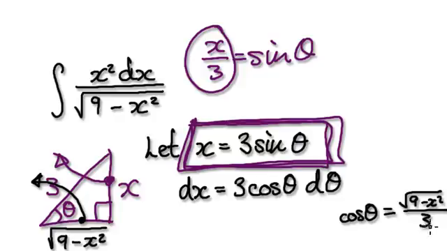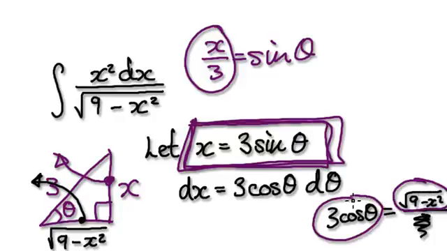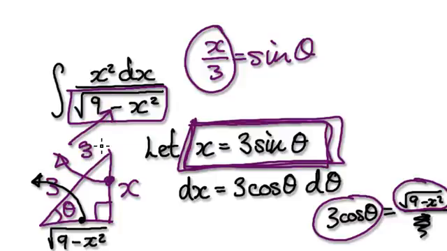Now times both sides by 3, so that will become this. So this thing here is 3 cos theta.